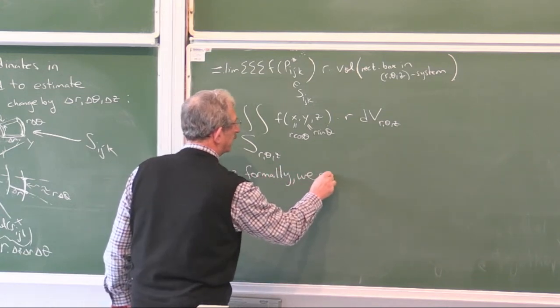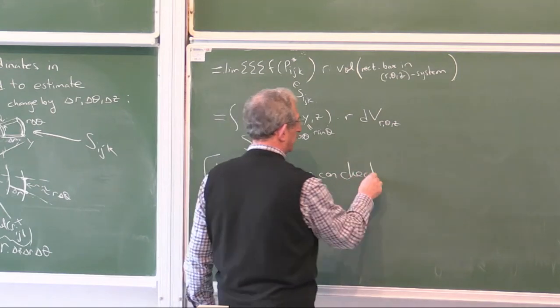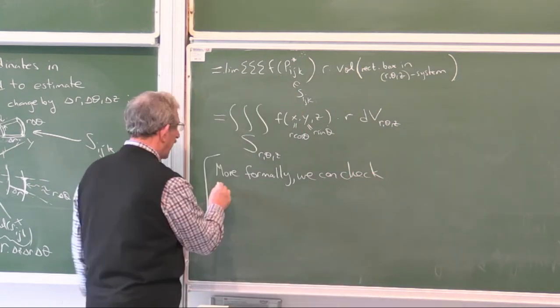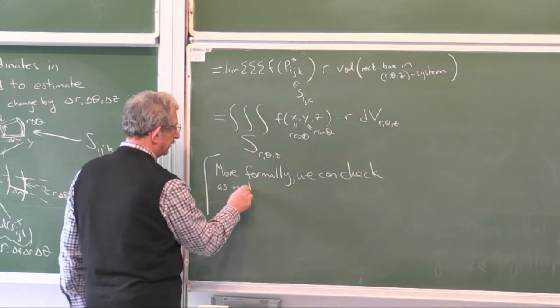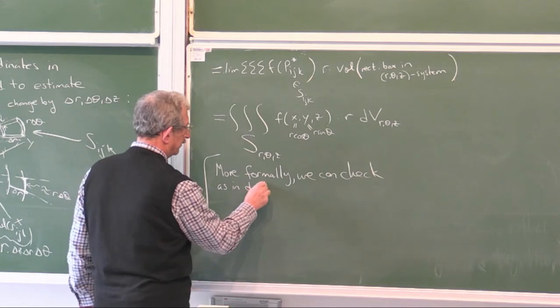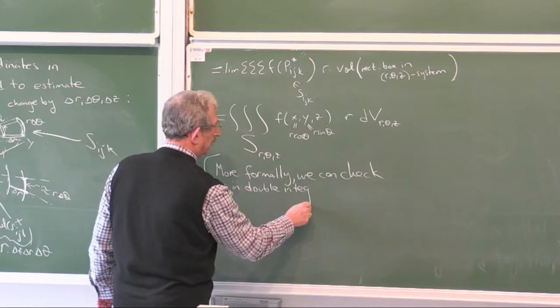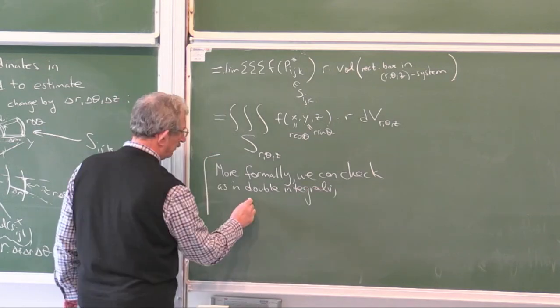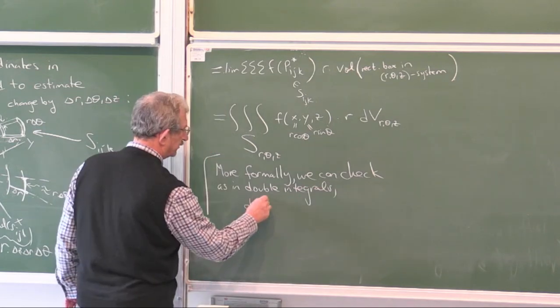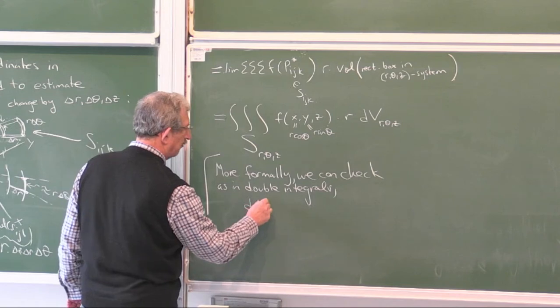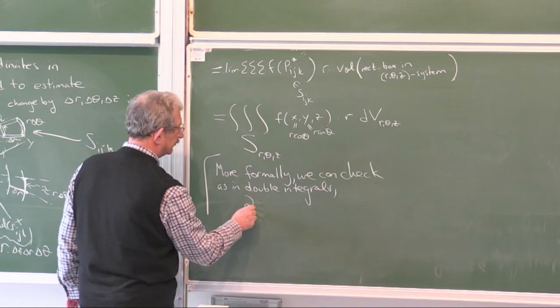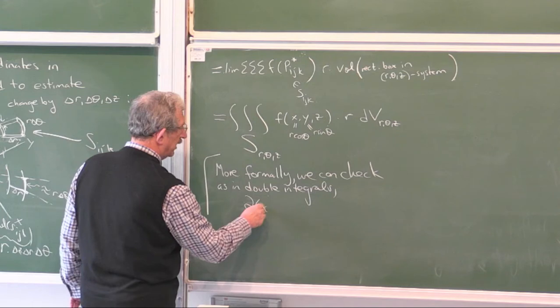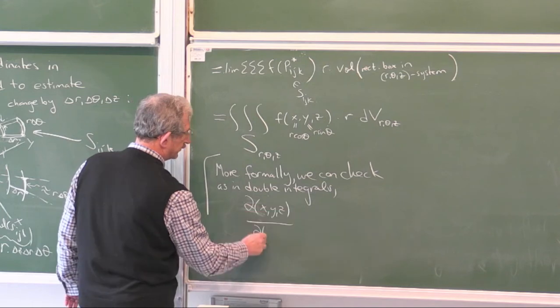we can check, as in doubles, the Jacobian, that is the determinant of x, y, z with respect to r theta z.